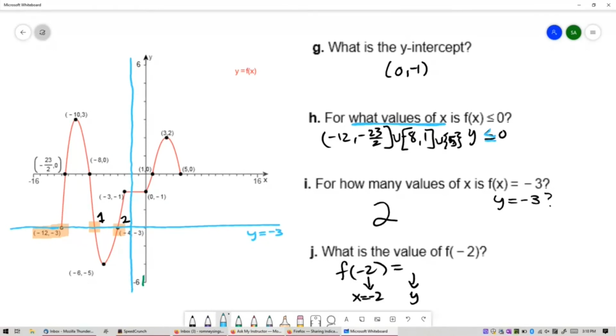And that vertical line at x equal negative 2 shows me all of the ordered pairs on this coordinate plane that have an x of negative 2. And this vertical line crosses the graph right here. That point is not labeled, but that point would be negative 2, negative 1. And so I know that f of negative 2 is equal to the y value of negative 1.